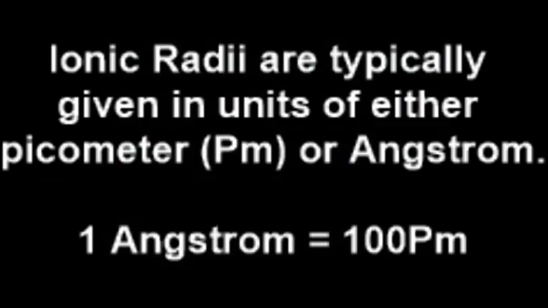Ionic radius is typically given in units of either picometer, denoted by PM, or angstrom. 1 angstrom is equal to 100 picometers.